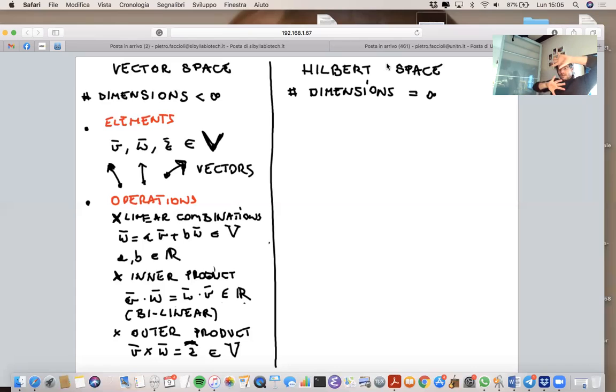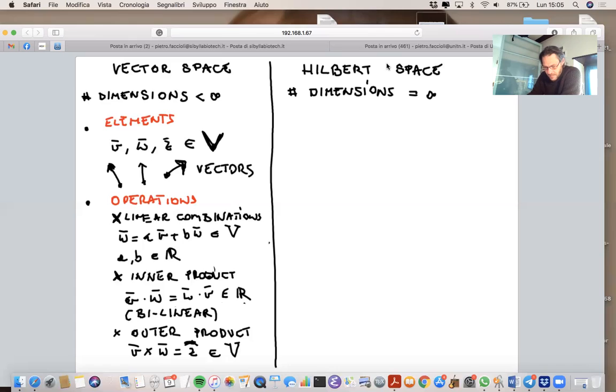Okay, so I want to make sure you understand there are two different ways of representing a vector space. Two degrees of concreteness of a vector space, an abstract one and a concrete one.